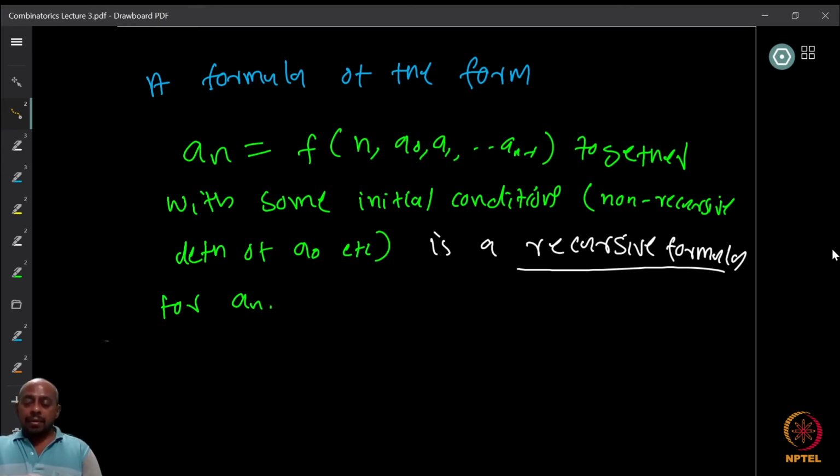Then such a statement is called a recursive formula for a_n. So a_n depends on some previously determined unknowns and n also, but it does not depend on anything that we have not come across so far. So if you know some of the initial values, you should be able to find the next one, which is not known. Then using that, you can find the next one, in a recursive manner. That's why it's called a recursive formula.